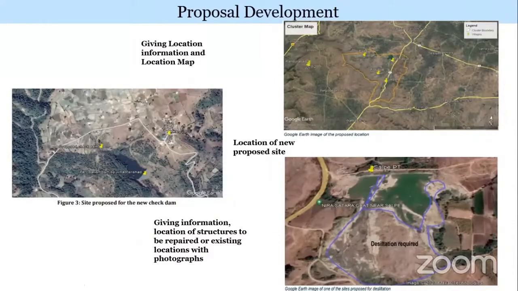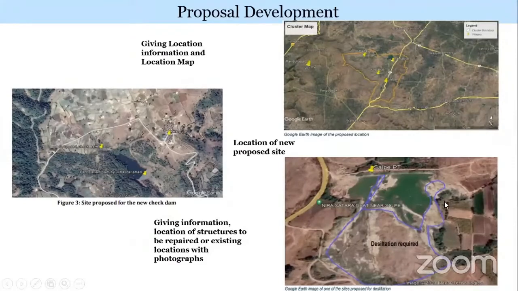So this is one of the applications, and then giving information for the location of structures to be repaired or existing locations. As you can see over here, by using Google Earth, this is a percolation tank in one of the villages. We can actually understand from Google Earth how much desiltation is required. As you can see in this figure, the green and blue colors mark where desiltation is required.